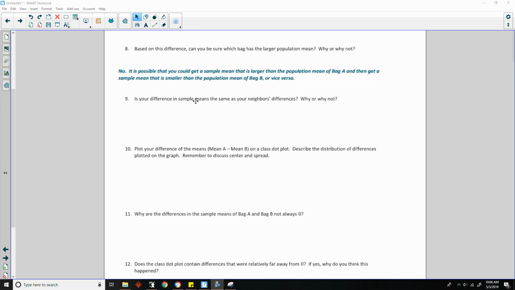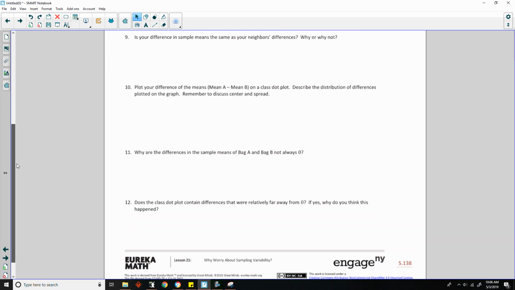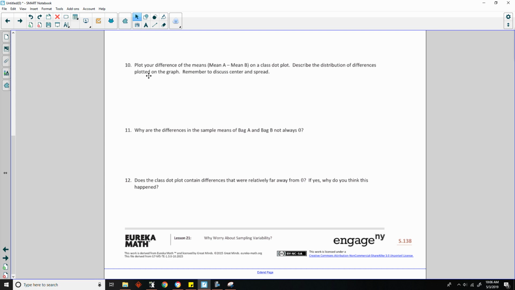Number 9, is your difference in sample means the same as your neighbor's differences? Why or why not? I can't answer that for you, and that's up to you. And number 10, plot your differences of the means, mean A minus mean B, on a class dot plot. Describe the distribution of differences plotted on the graph. Remember to discuss center and spread. Okay.